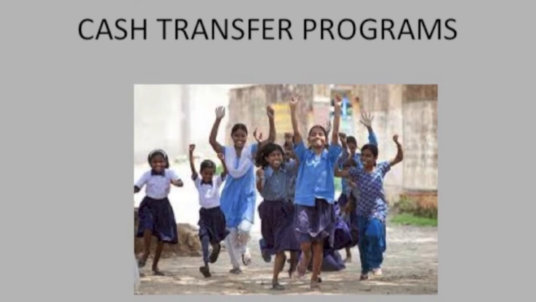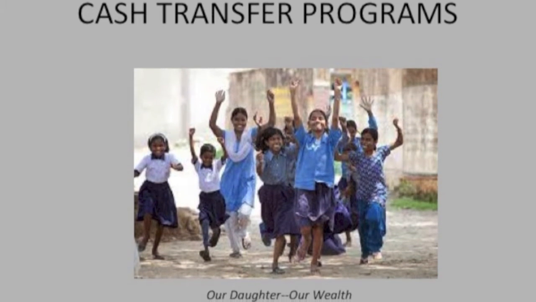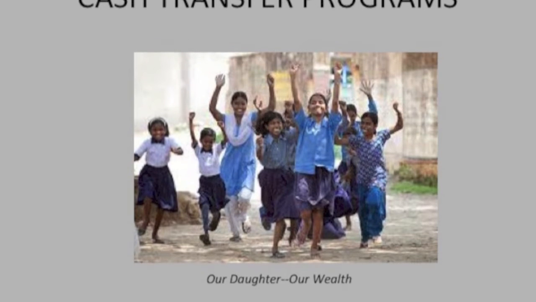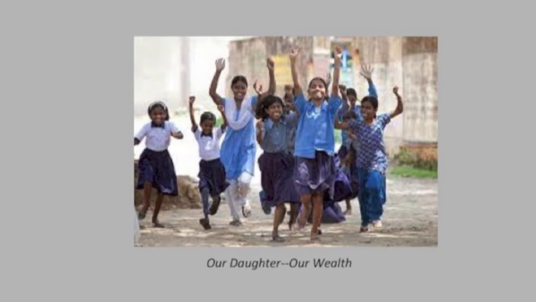Let's look at price. In terms of price, there are several programs going on in different parts of the world that are working. One is this cash transfer program in India. The translation of the name of the project is Our Daughter, Our Wealth.